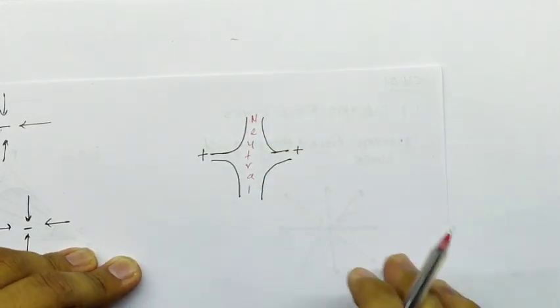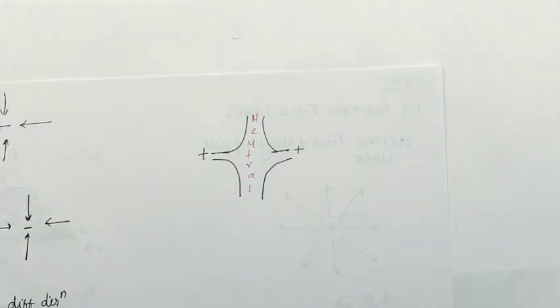If we put any charge inside the neutral area, no force acts on the charge. So this is electric field lines.